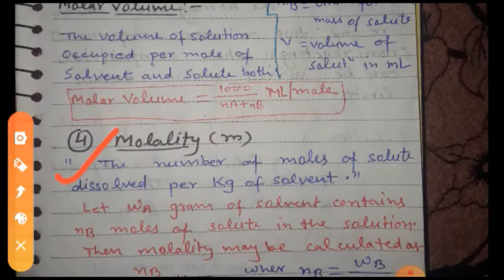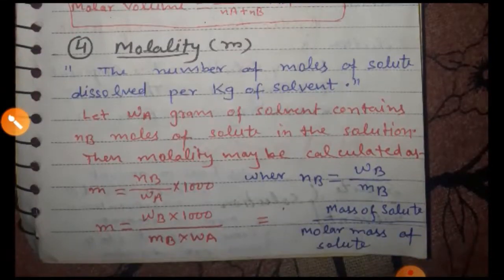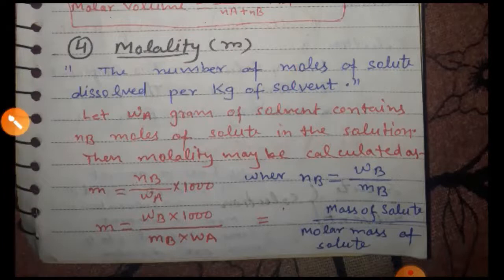What is molality? The number of moles of solute dissolved in per kg of solvent. Always remember that in molality the moles are dissolved in per kg of solvent. Let WA gram of solvent contain NB moles of solute in the solution, then how can we calculate molality?